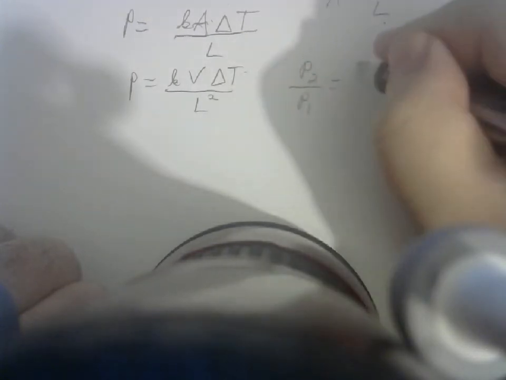So let me write this as a ratio. P2 over P1 is equal to kV delta T over L2 squared divided by kV delta T over L1 squared, which is equal to L1 squared over L2 squared.